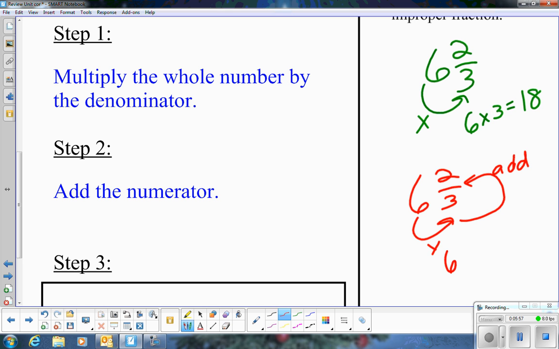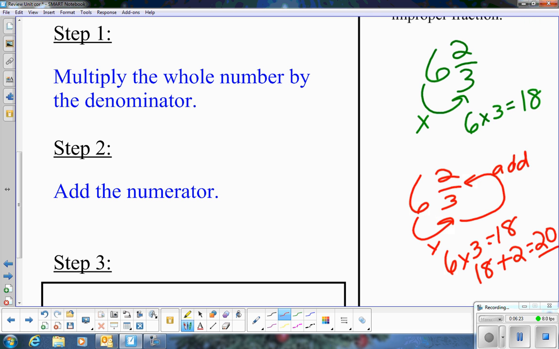So I had 6 times 3 equals 18. And then I add my numerator. So I have 18 plus 2 equals 20. So if we're talking pizzas, with 6 whole pizzas and another pizza that's 2/3 left, I have 20 pieces. I have 18 from the 6 whole plus the 2 more.